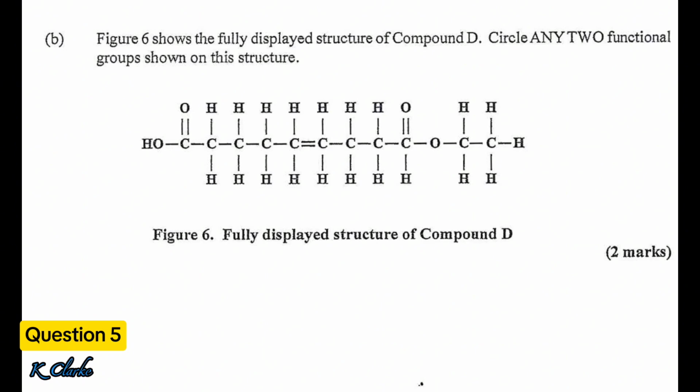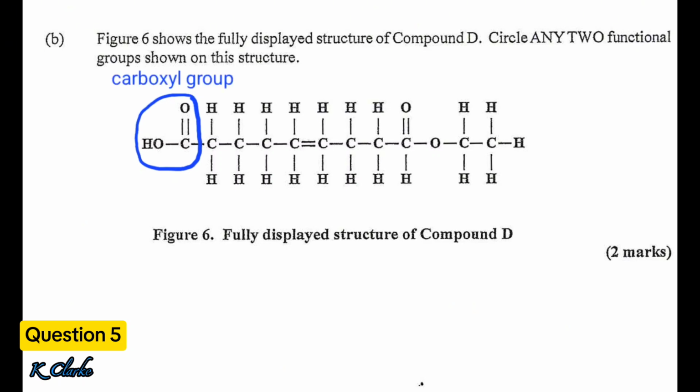We can circle the C double bond O OH since this is a carboxyl group, the C double bond C since this is alkene double bond, or you could even circle C double bond O attached to single bond O since this is an ester linkage, or you could circle C single bond C for the alkane.